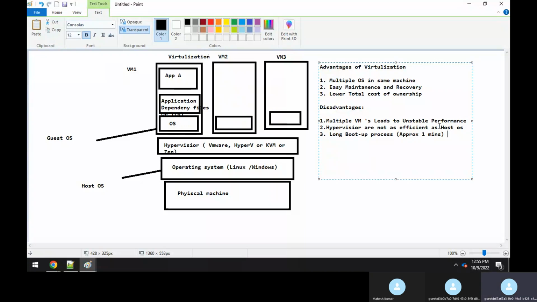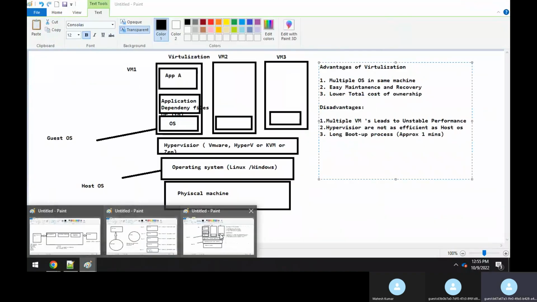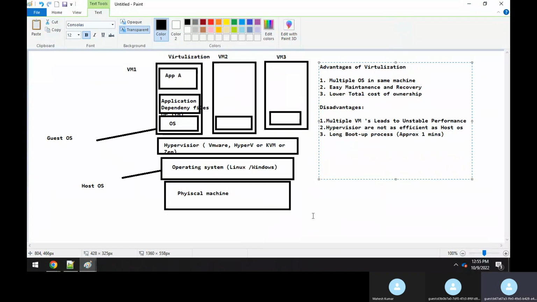Because of this virtualization technology, people used to deploy or create different environments in these VMs. But as I said, virtualization is a very old concept, because the size is very big here.